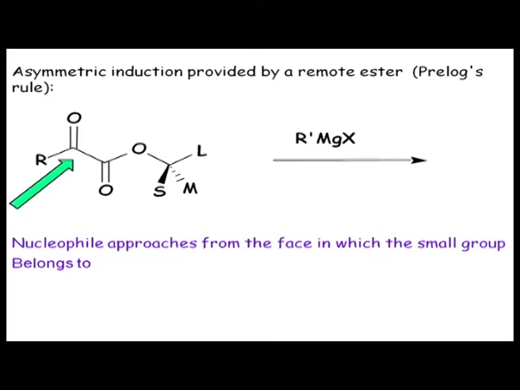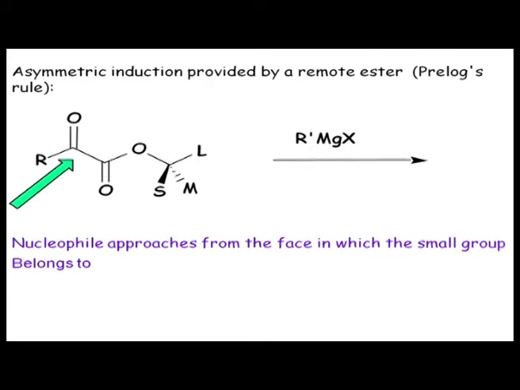This Prelog's rule became very important, because in earlier days it was very difficult to know the configuration of naturally occurring compounds. I told you the naturally occurring compounds exist in one enantiomeric form. So, if you have a chiral alcohol, it was a tough job at that time to know the exact configuration of the alcohol, whether it is in the R form or in the S form, because I said rotation has no connection with R or S. So, it was Prelog's rule which was applied.